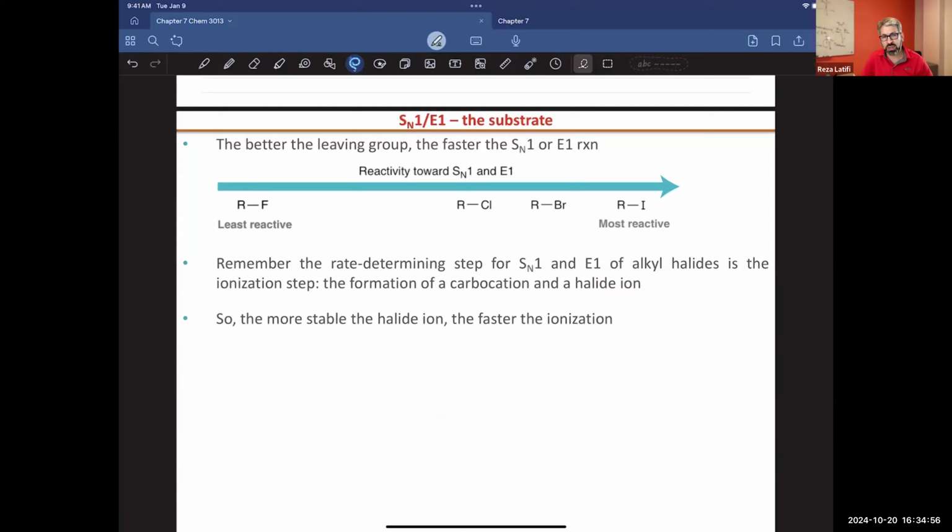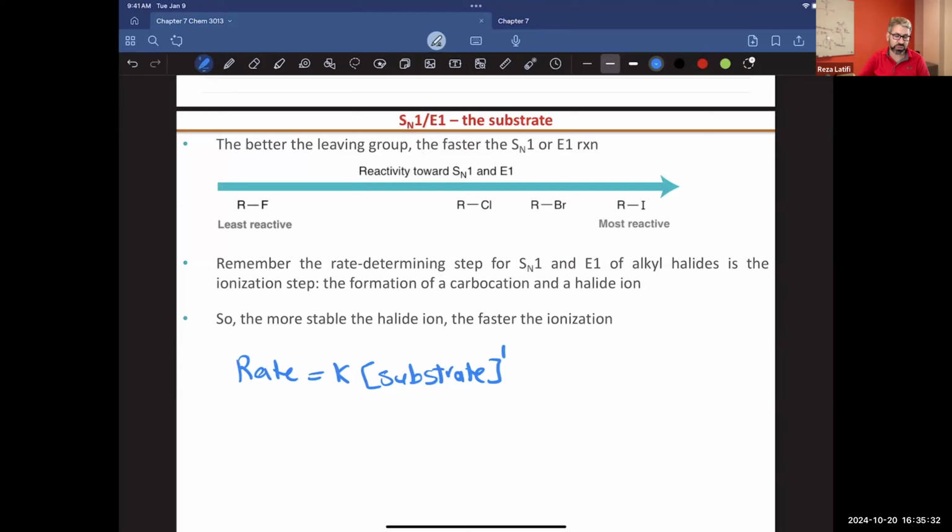When it comes to SN1 or E1, we say the rate of the reaction is equal to k multiplied by the concentration of the substrate to the first. That means the nucleophile will not be effective because it is added in a step that is way faster than the rate determining step. The rate determining step is breaking the halide bond with carbon. Now, the carbon-fluoride bond is shorter than the carbon-iodide bond.